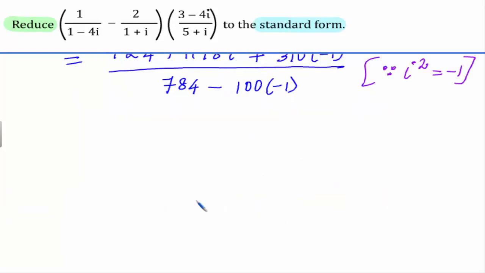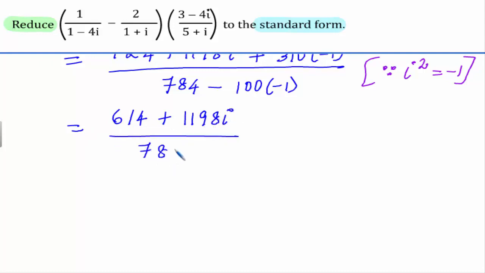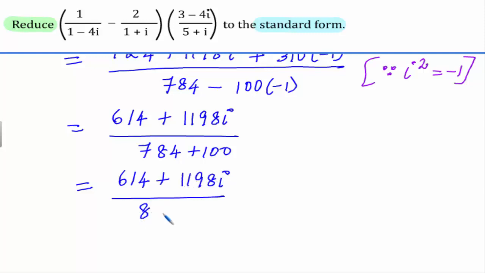Upon simplification, we get 614 plus 1198i divided by 784 plus 100. So this will be equal to 614 plus 1198i divided by 884.